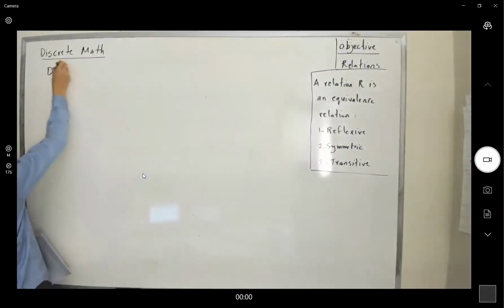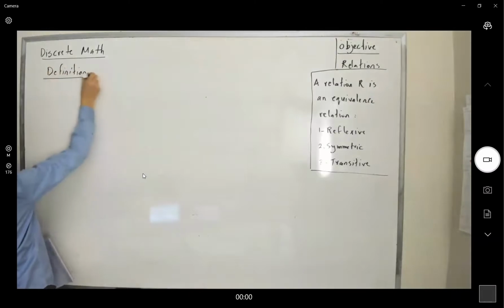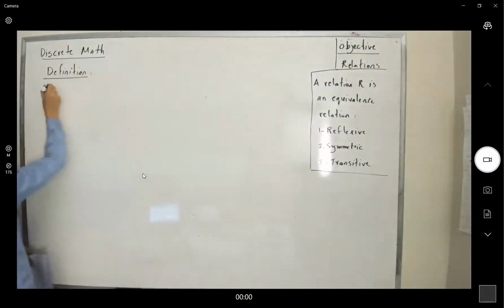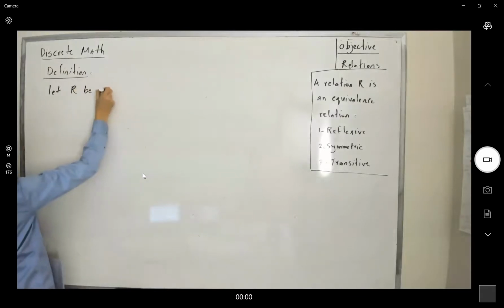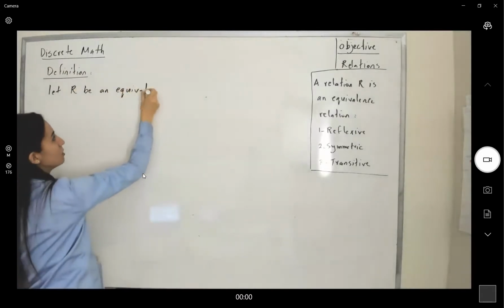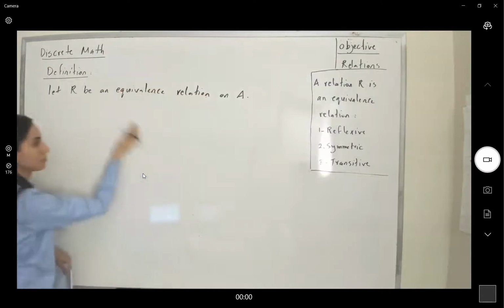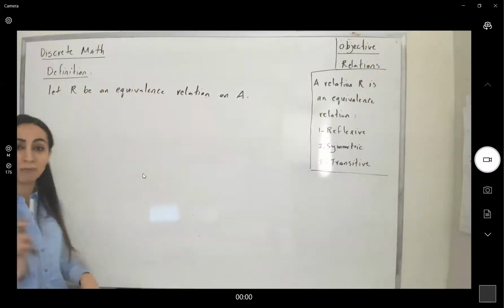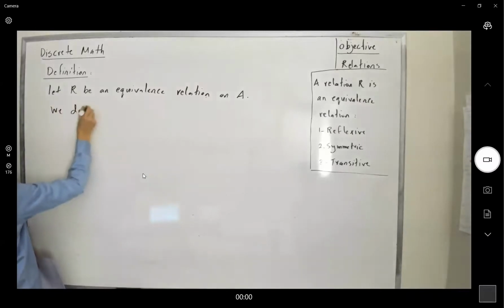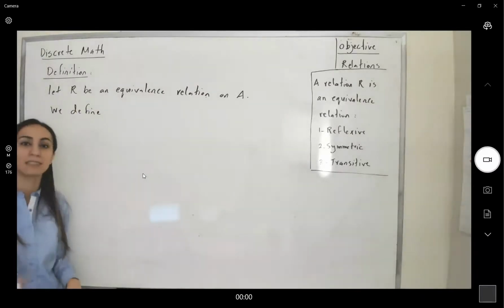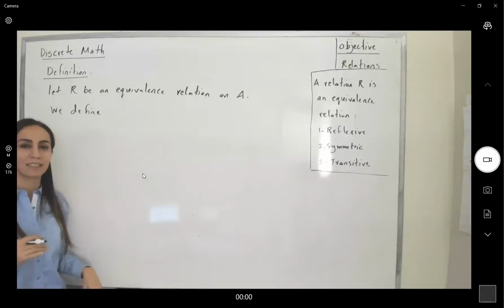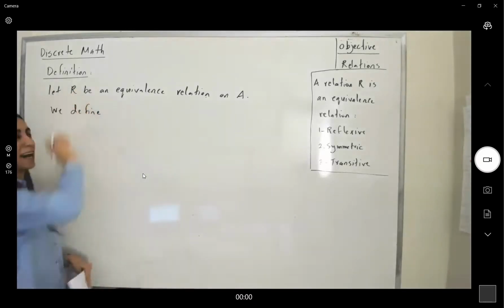So definition: let R be an equivalence relation on set A. We define something as a representative for each of those classes or sets that connects all the values, all the objects that are connected together through that relation.